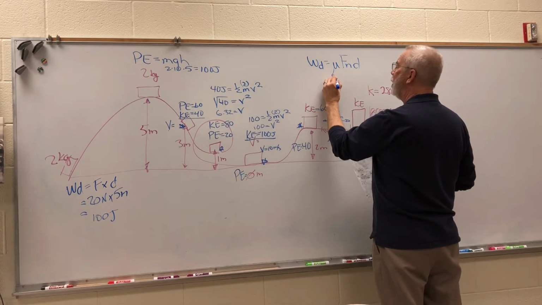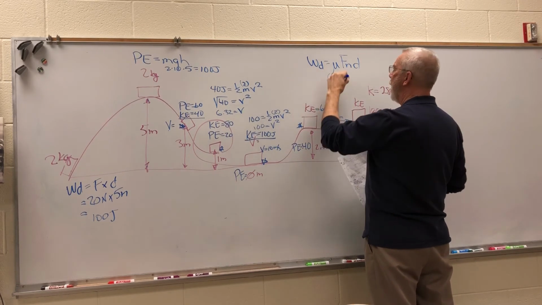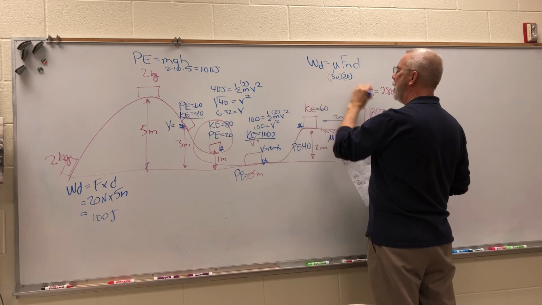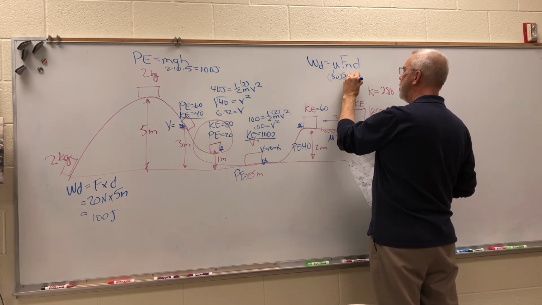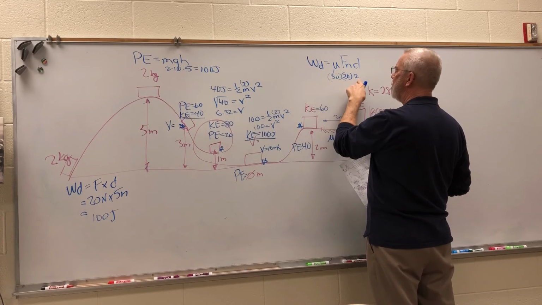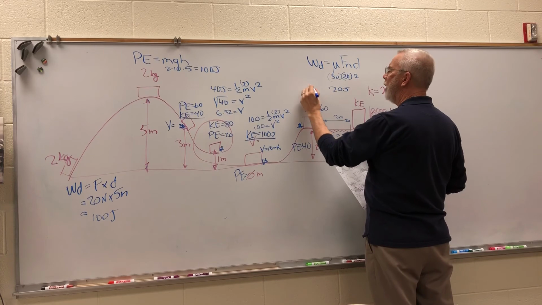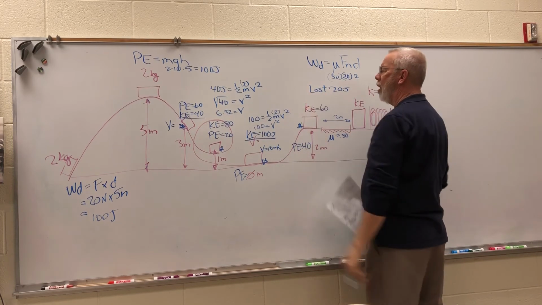So we've got 0.50 here. It's a 2 kilogram mass, so the normal force is 20, and the distance is 2. So 0.5 times 20 is 10, times 2 makes 20 joules of energy that was lost.